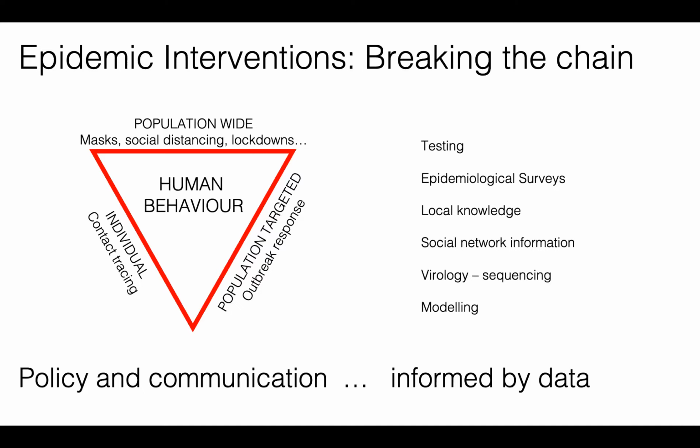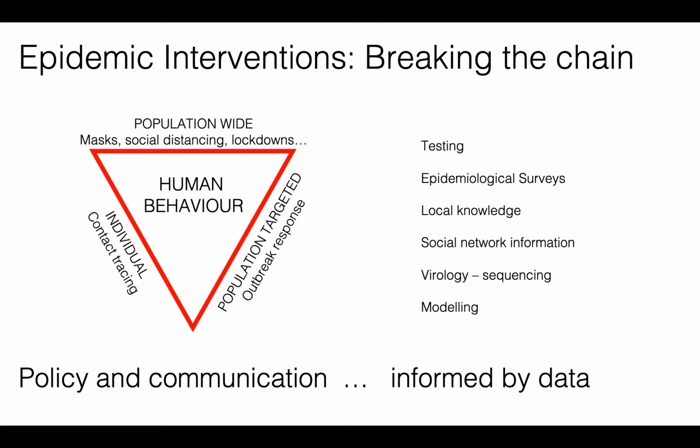And I tend to think of that as ways of influencing human behavior that can maybe be population-wide. So in the context of this pandemic: masks, social distancing and lockdown, population targeted, which may be your outbreak responses, and those individual measures where you need that individual-based information to make a change in human behavior, and the classic example of that is contact tracing.